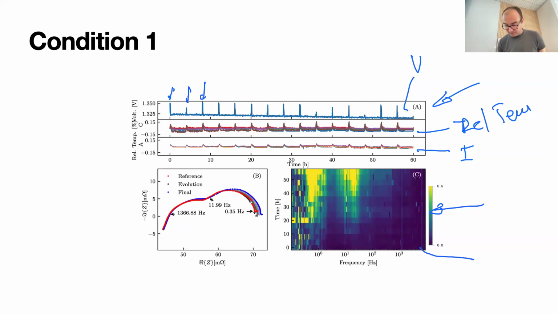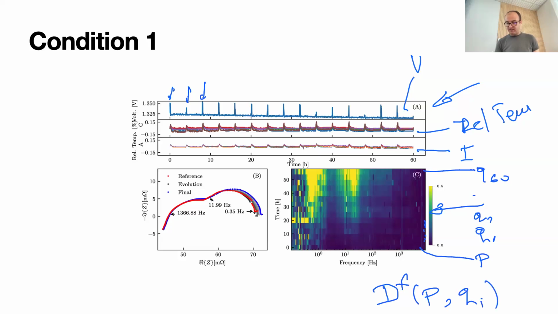We took this as a reference distribution, and each of the next points are target distributions, Q1, Q2, all the way to Q6. Then we calculate the difference for each frequency between the starting distribution and our target distribution of the impedance.